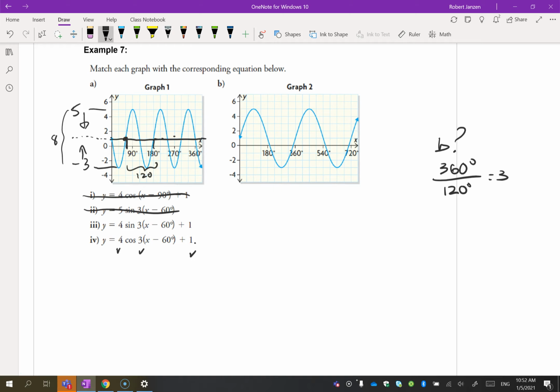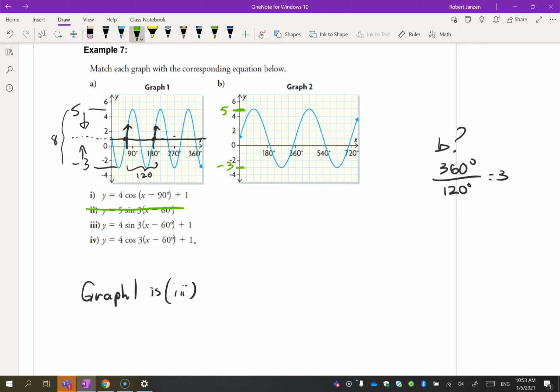Well, this is a sine graph moving up. So that looks like it fits 3. So graph 1 is 3. Okay, now let's see about the other one. Okay, this one goes from 5 to -3. So again, this one is out.